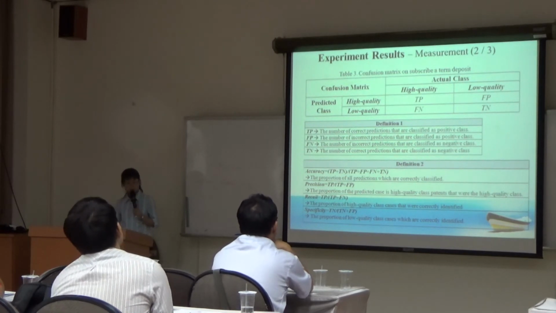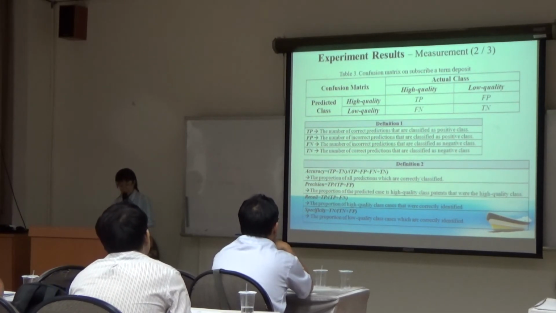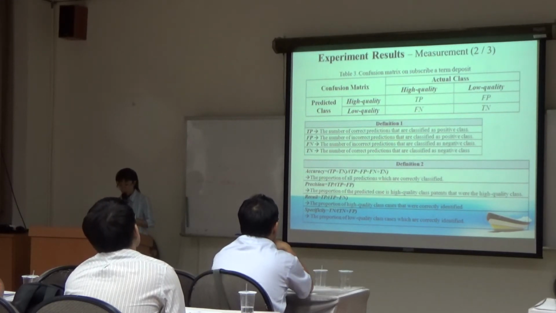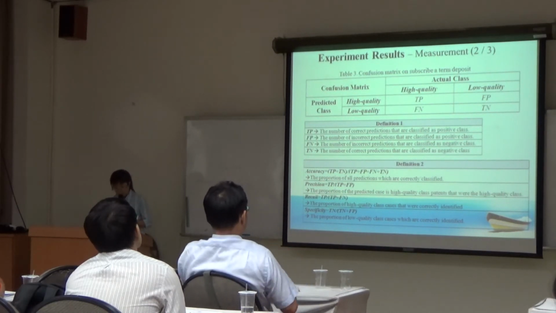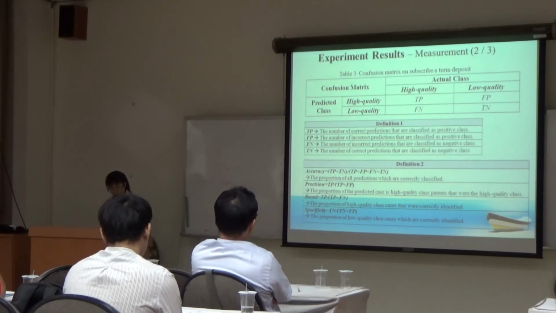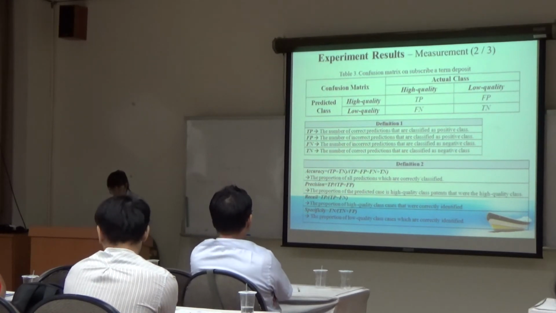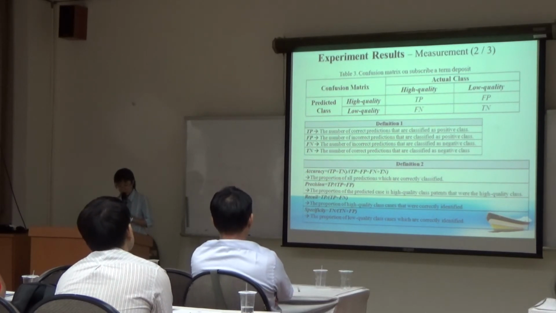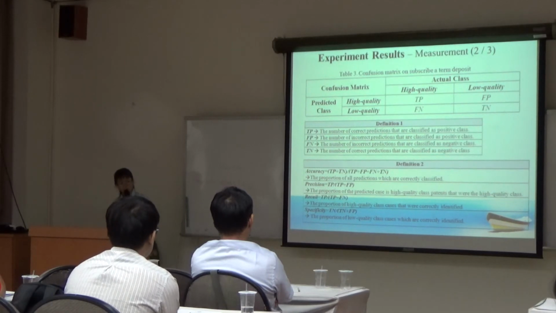In the confusion matrix, there are 4 options, let's denote them TP, FP, FN, and TN. Their definitions are shown in definition 1, and the 4 measurements are evaluated as shown in definition 2.